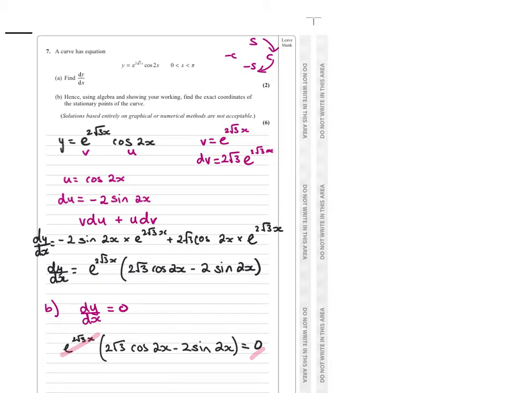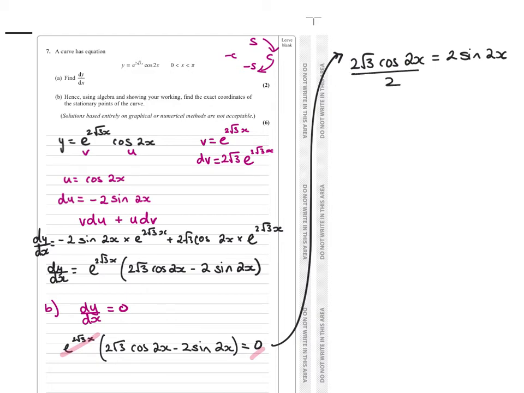So now I'm going to have 2 root 3 cos of 2x, and I'm going to rearrange, equals 2 sine of 2x. Now, we have a cos of 2x and a sine of 2x. They have the same value in the middle. What am I thinking? Divide by cos, let's get a tan. Okay, so first of all I'm going to divide both sides by 2, and then divide both sides by cos of 2x.